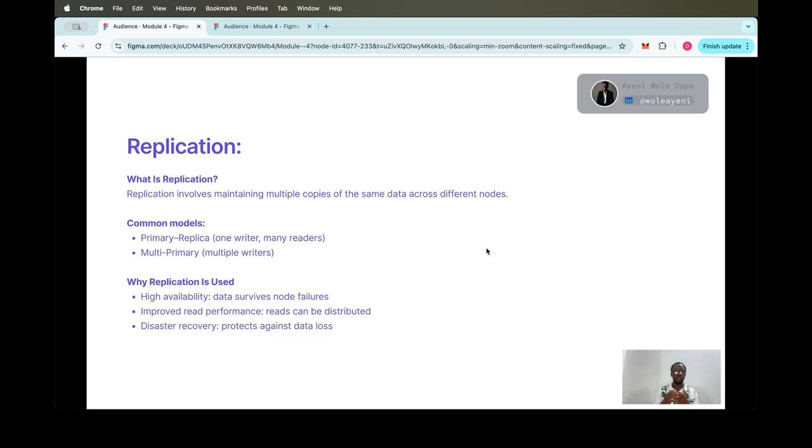Thirdly, we'll be looking at replication. What does replication mean? This involves maintaining multiple copies of the same data across nodes. It ensures data availability. We have common models: the primary replica and the multi-primary replica. And why do we use a replication strategy? Like I mentioned, it ensures high availability.